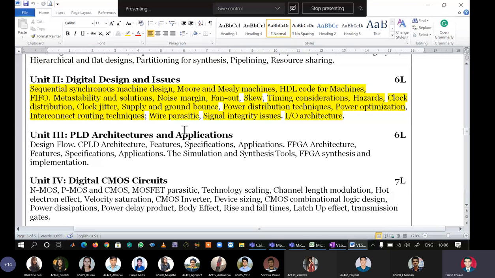PLD prototyping or CPLD prototyping or FPGA prototyping is the process of programming the programmable logic device so that it starts acting as the proposed digital system, in the sense it can now accept digital inputs, that is ones and zeros, from the real world, and it can process those ones and zeros and give the desired output.